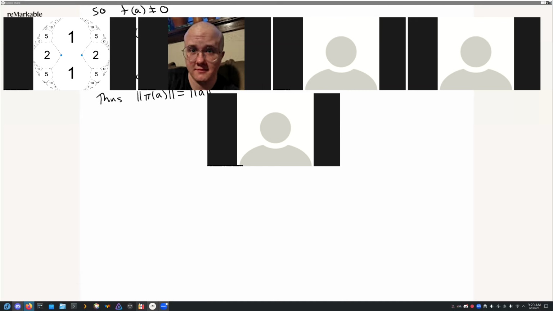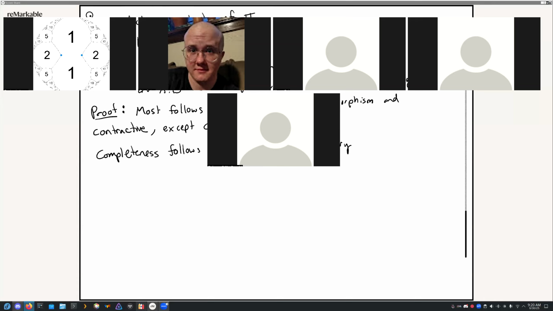This is a general fact about metric spaces: if you have an isometry from a complete metric space, then its image has to be complete. But just to be thorough, I'll write the proof. We want to prove that the image is closed. Since B is complete, if the image is closed, then the image is complete.